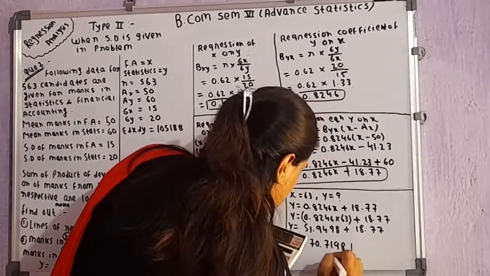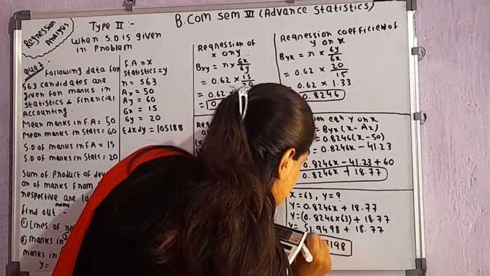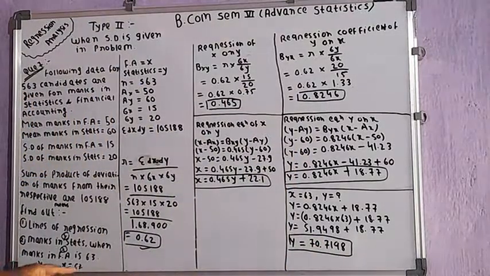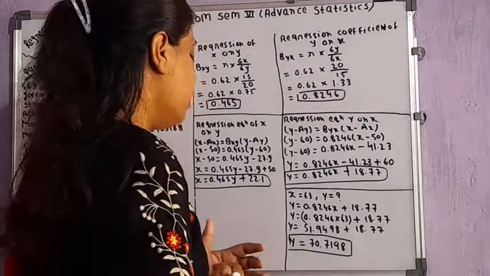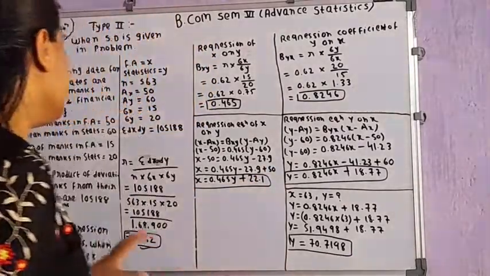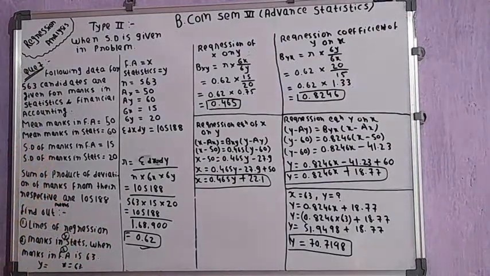So when the marks in financial accounting is 63, the marks in statistics would be 70.7198. Okay. So this way here we have calculated the things which have been asked in the problem.